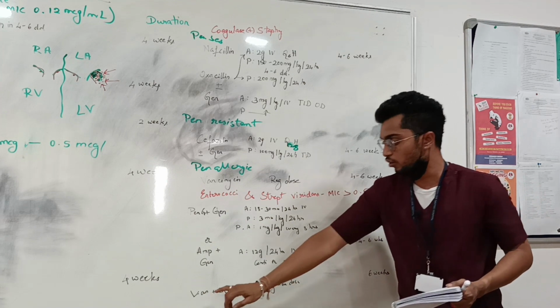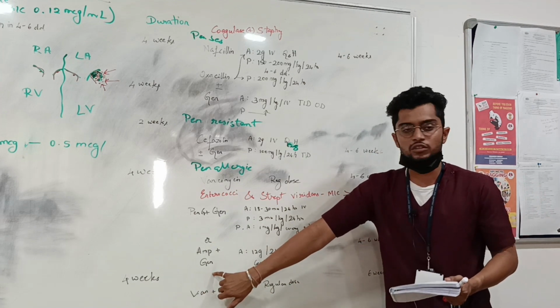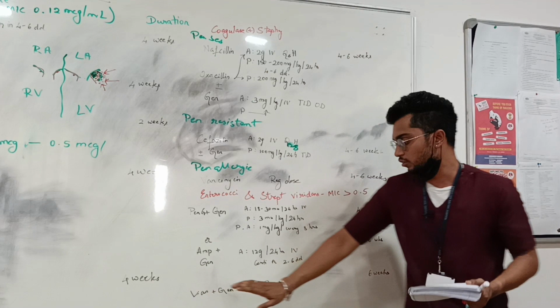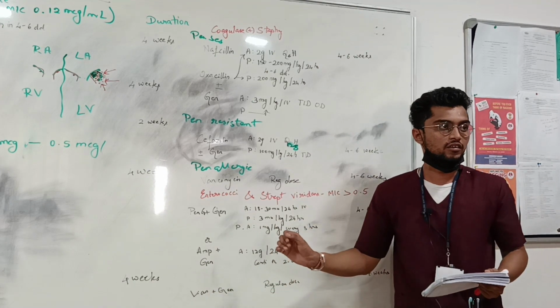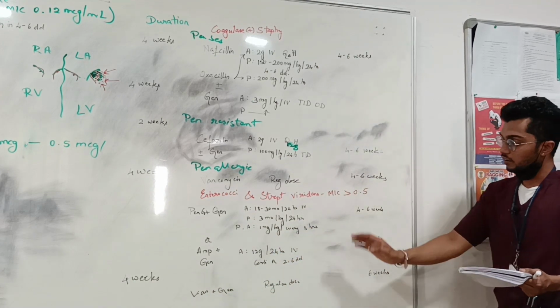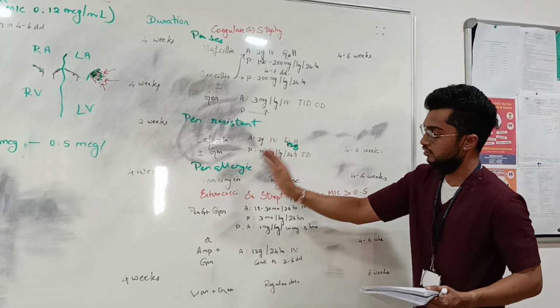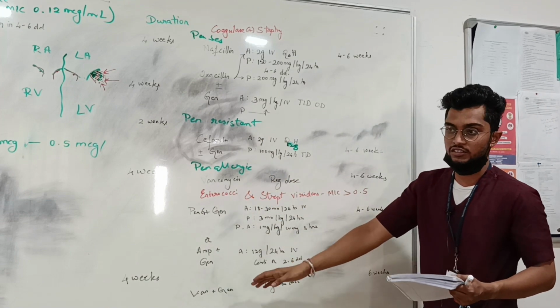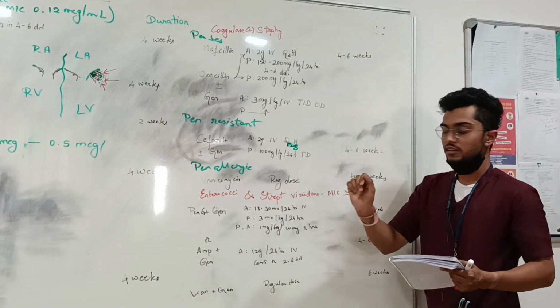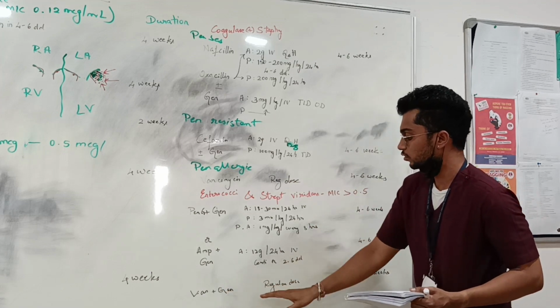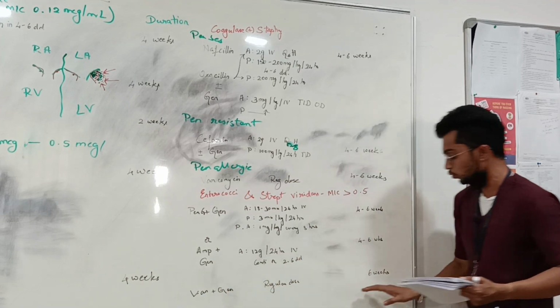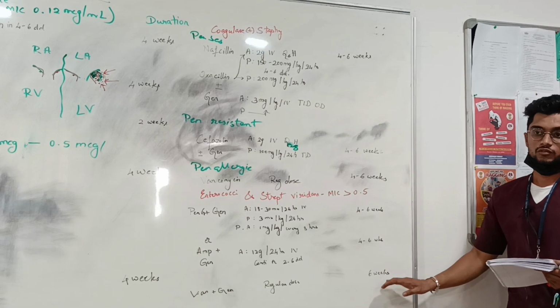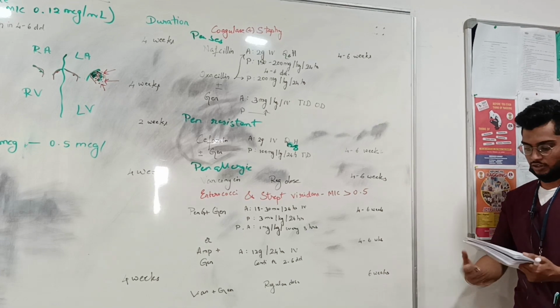Vancomycin is mostly used for penicillin allergic patients. The dose is similar, and for enterococci species that are resistant or allergic to penicillin, the vancomycin plus gentamicin regimen should be used for at least 6 weeks. It is best prescribed for 6 weeks.